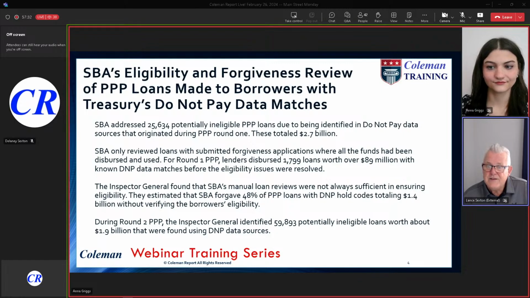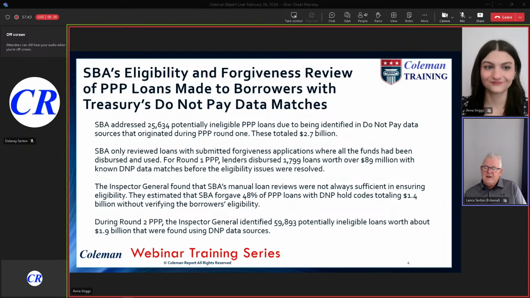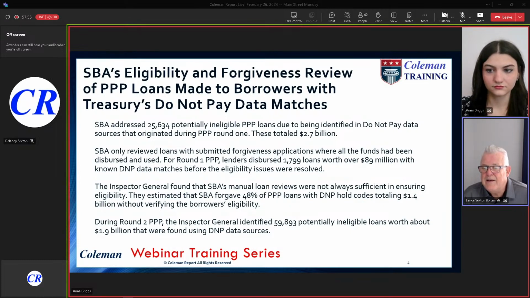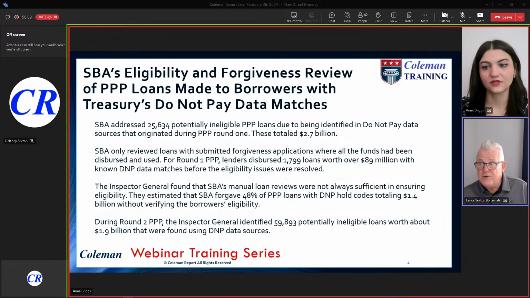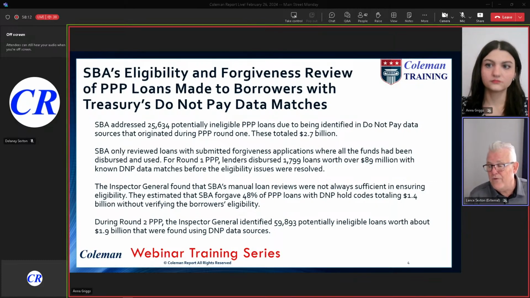And there still were a number of PPP loans that did get through and ended up on that do not pay list and were not eligible. And then forgiveness submissions. SBA forgave almost $1.4 billion in PPP loans that had DNP, or do not pay, hold codes. So pretty interesting what they found, Anna, in terms of people that were not eligible. If they were not eligible for the loan to begin with, they were certainly not eligible for forgiveness.